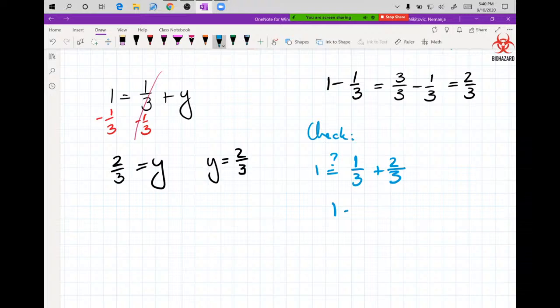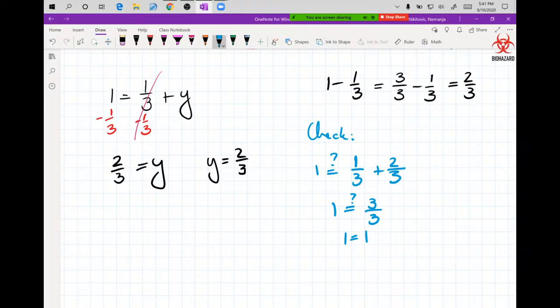And the answer is yes, because you will get 1 equals 1, because 1/3 plus 2/3 is going to be 3/3. Great. I will put another problem.